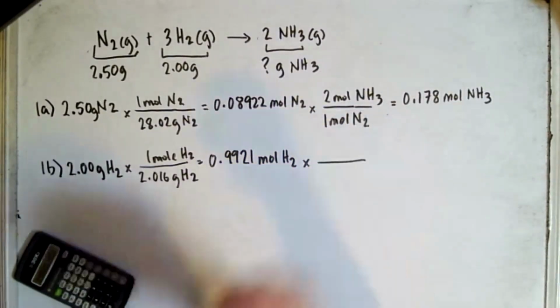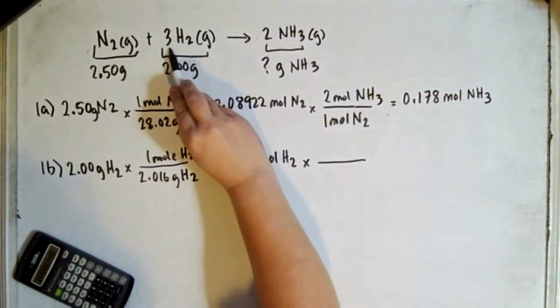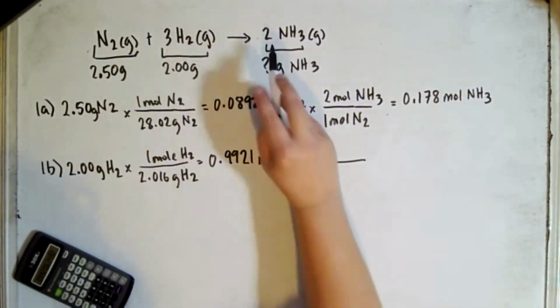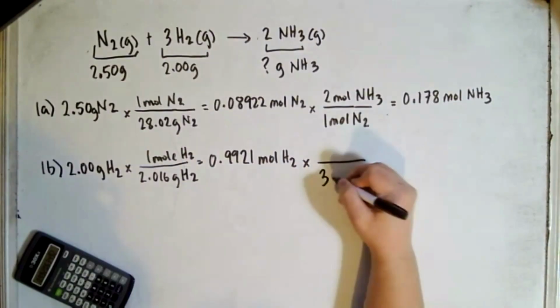And then from my balanced equation, I see that 3 moles of hydrogen get used up for every 2 moles of ammonia that form.